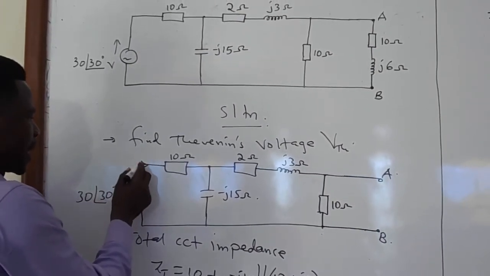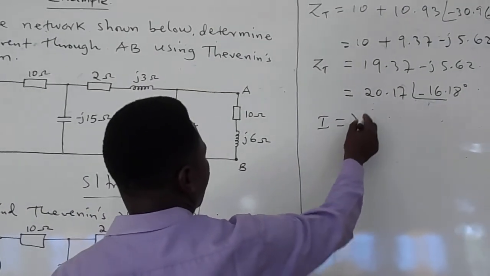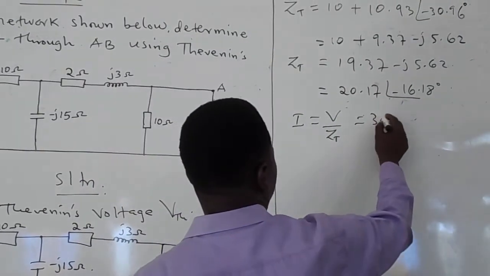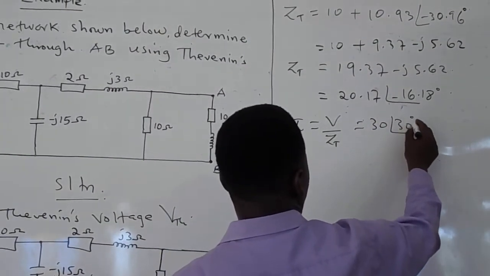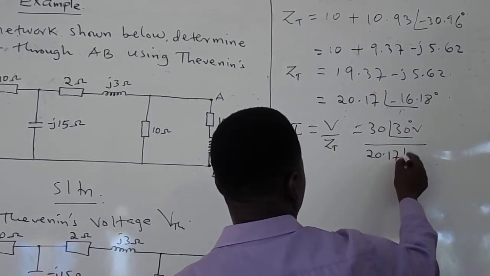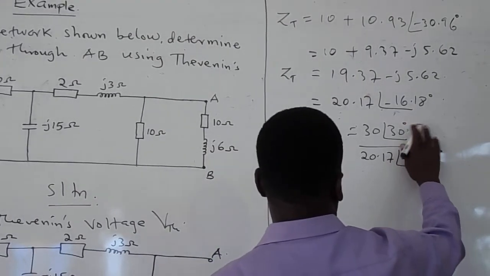So the current supplied, that is I, will be equivalent to V over Z total. And that is equal to 30 at an angle of 30 degrees volts divided by 20.17 at an angle of negative 16.18 degrees.